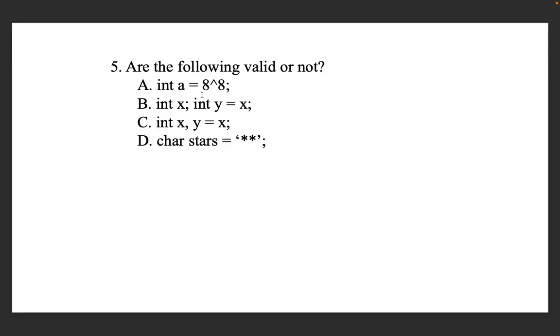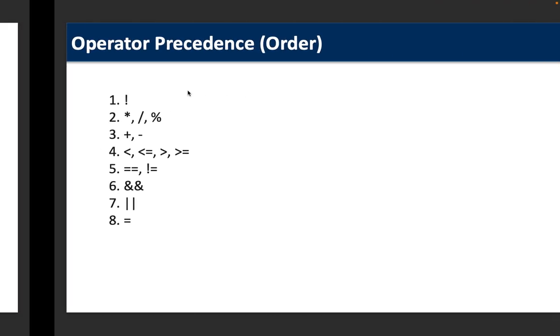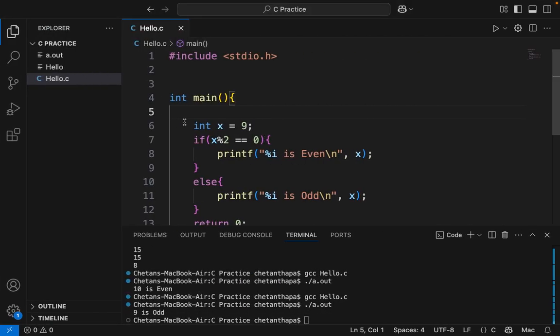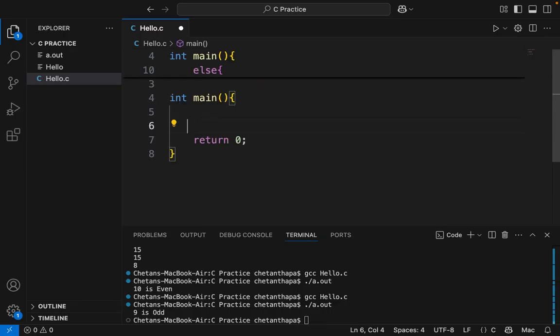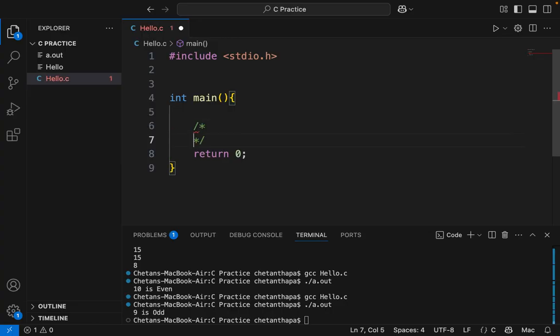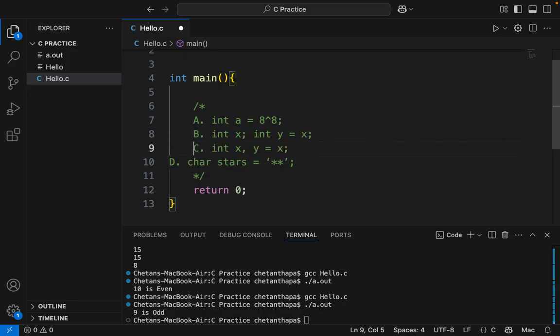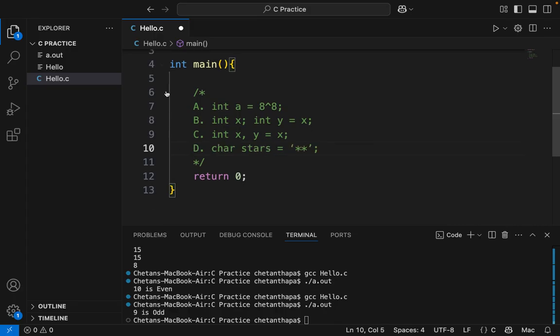Let's check this whole thing, remove it.